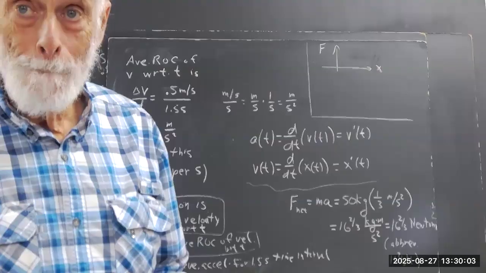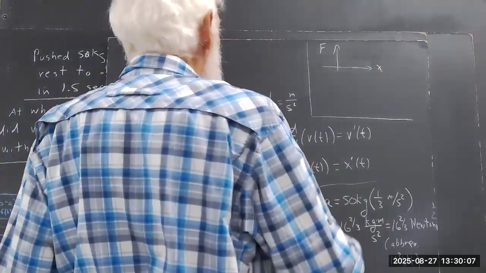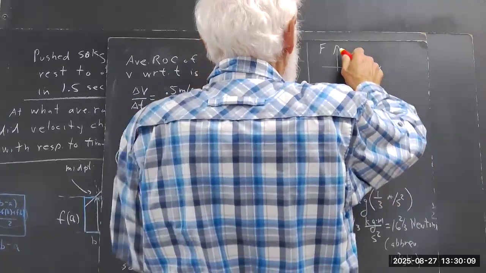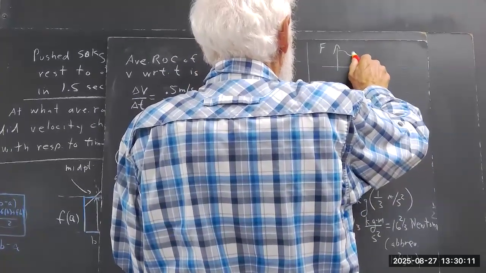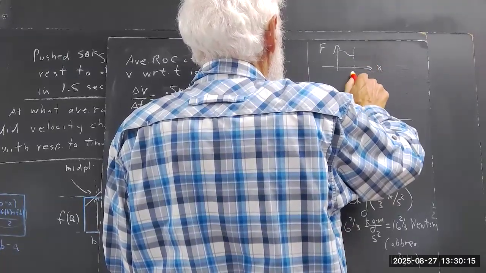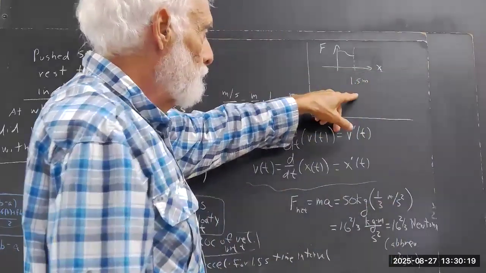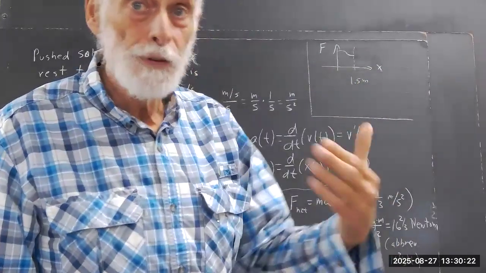Now, if my actual force probably was decreasing a little bit, say it looks like this. Position is 1.5 meters when we stopped.